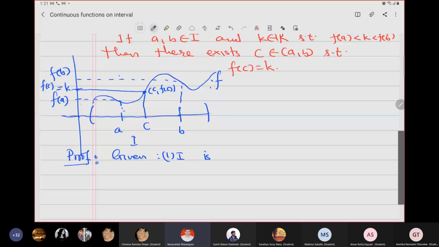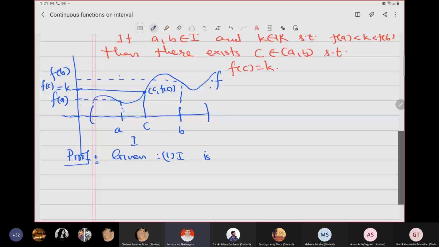So what is our claim? There exists c between a and b such that f of c is equal to k. Basically, c lies in between a and b. So the situation is clear: what is given, what is the hypothesis, and what is the conclusion we want to make.